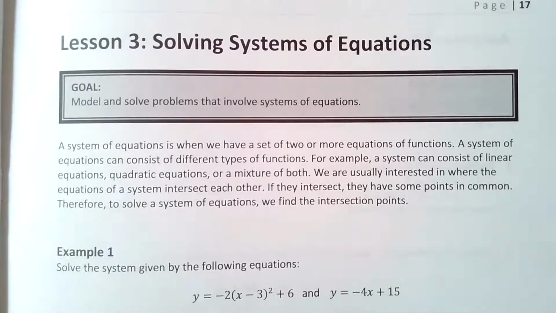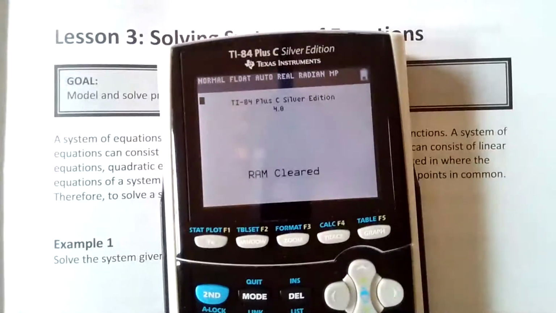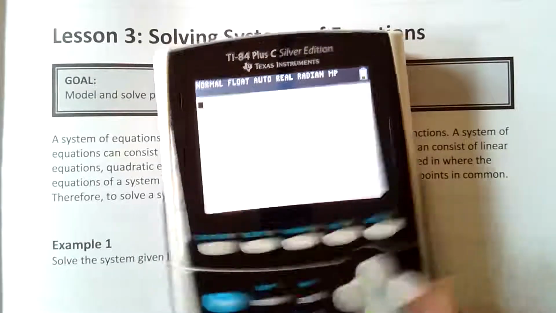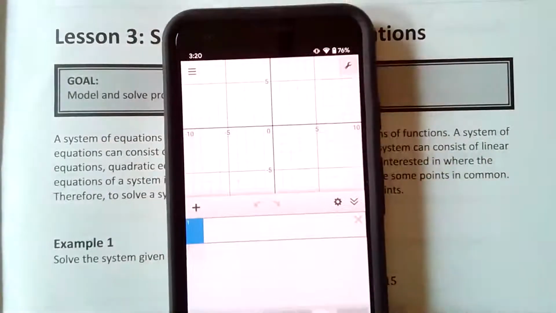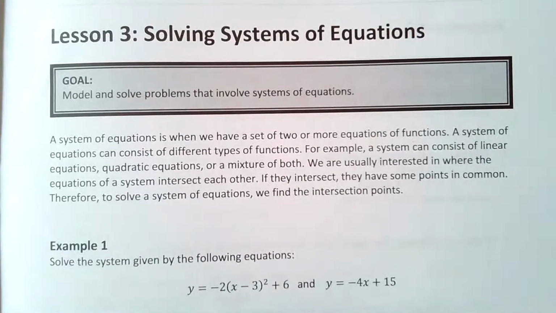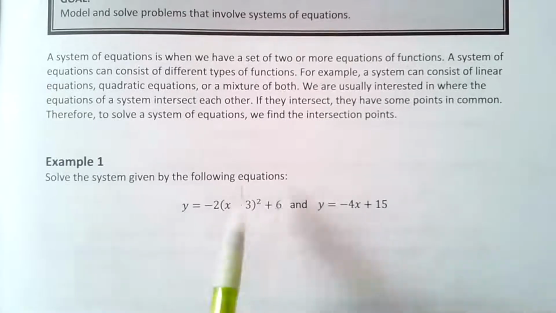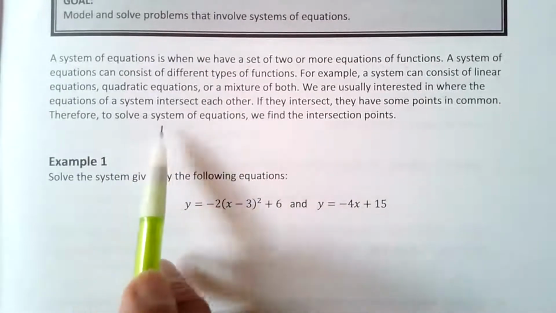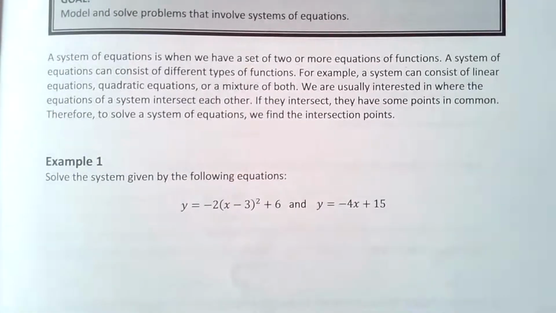So we'll use our graphing calculator, or Desmos again, for graphing. Here in the first case, we only see the solved system of equations. We're really finding out where these two equations or functions meet, where they intersect.